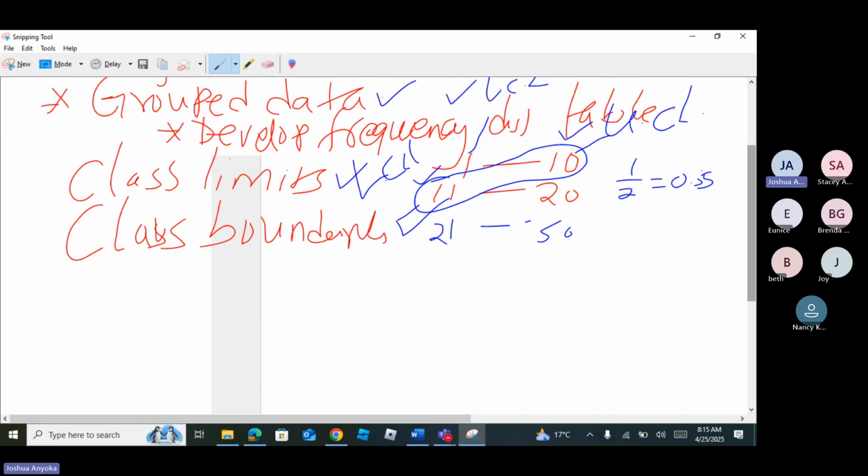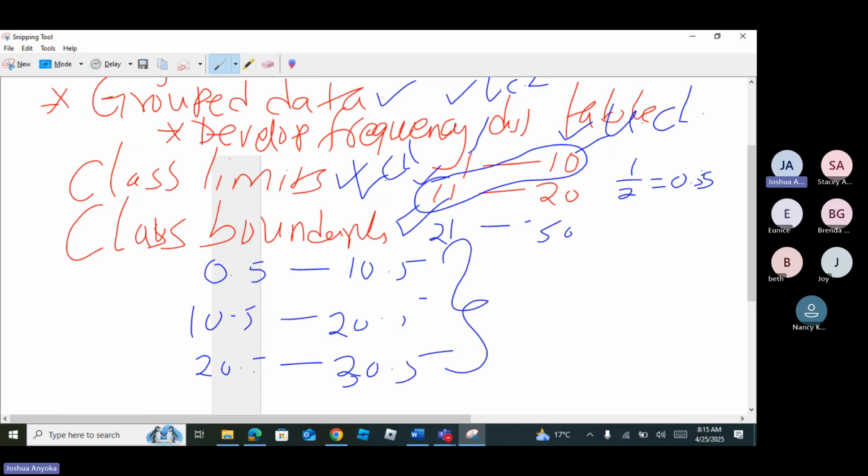This 0.5, if we subtract it from the lower class limit and add it to the upper class limit, we get 0.5 to 10.5. Then we get 10.5 to 20.5, 20.5 to 30.5. These are now class boundaries.